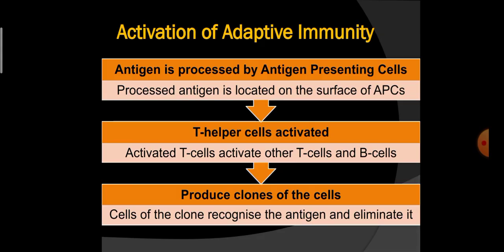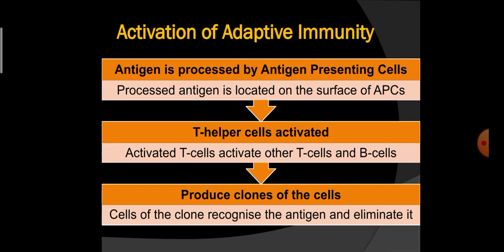Okay. Now, activation of adaptive immunity. Adaptive meaning acquired immunity. So how is the process happening? The antigen is processed by antigen presenting cells. The antigen is identified and processed based on the antigen. What kind of processing has to be done?